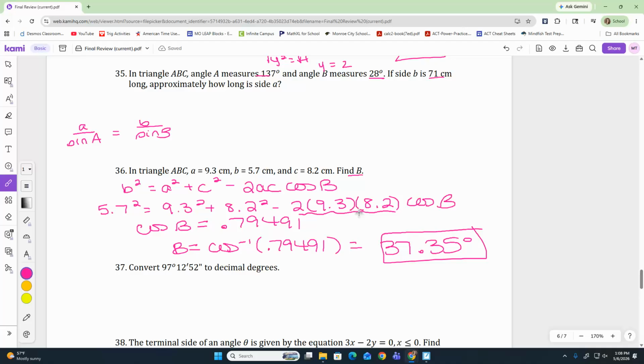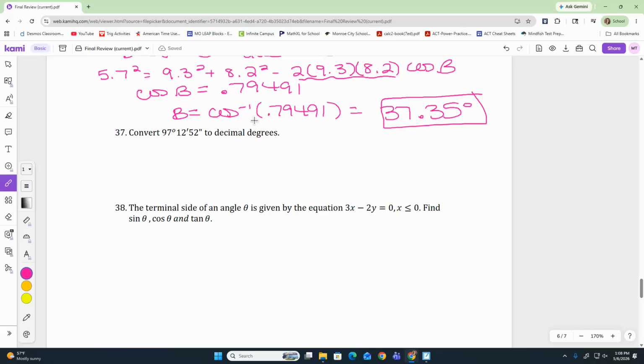Question number 37. If I'm trying to get decimals, so we have 97 degrees, 12 minutes. How many minutes are in a degree? So we divide it by 60. 52 seconds.